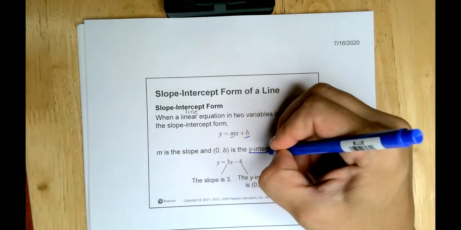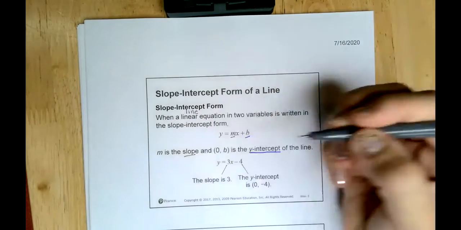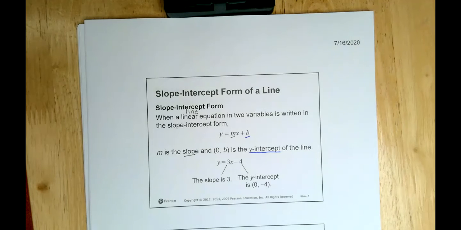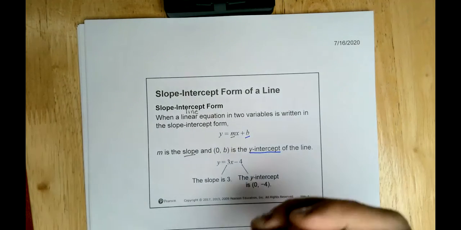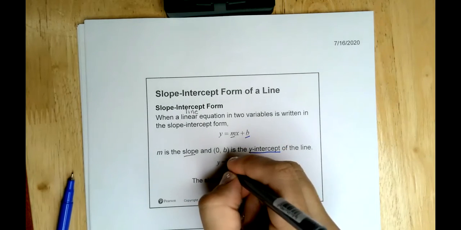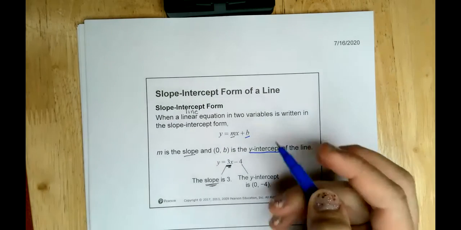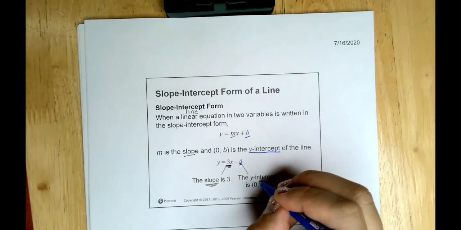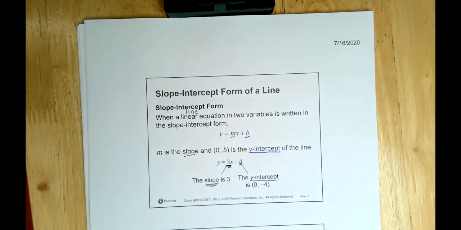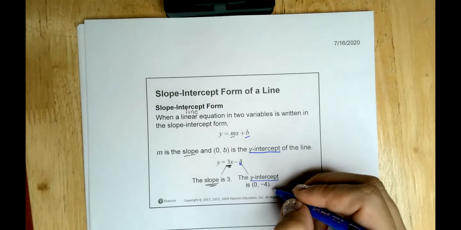M is the slope and B is the y-intercept of the line. So for example, 3x, 3, wrong color. 3 is the slope, 4 is the y-intercept where it crosses y. So we will go 0 from the origin, 0 on x, negative 4 on y. Okay.